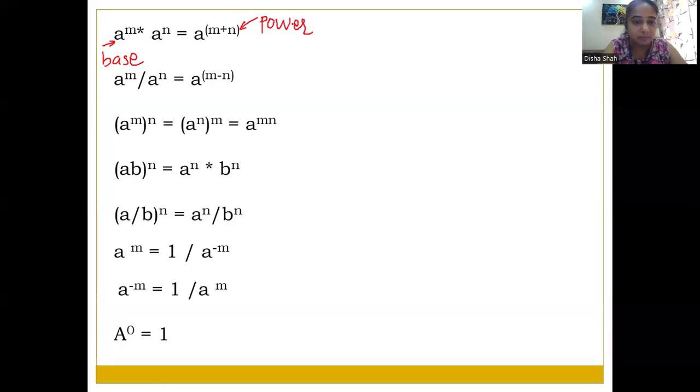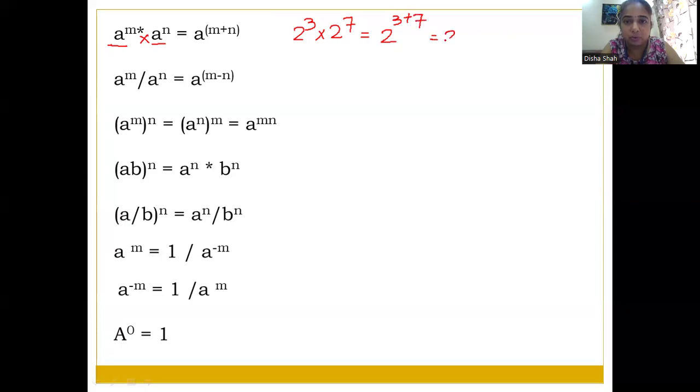Base and power. So if the base is same, here you can see the base is same and there is a multiplication sign. So in that case, we can add the power. For example, 2 raised to 3 into 2 raised to 7 is nothing but 2 raised to 3 plus 7. That is equal to 2 raised to 10.